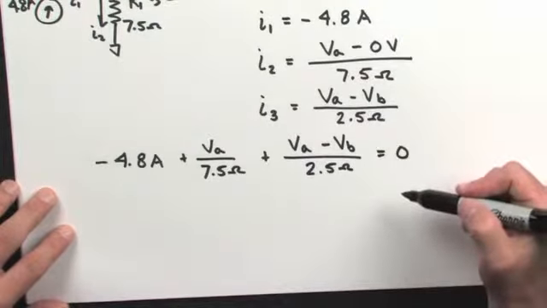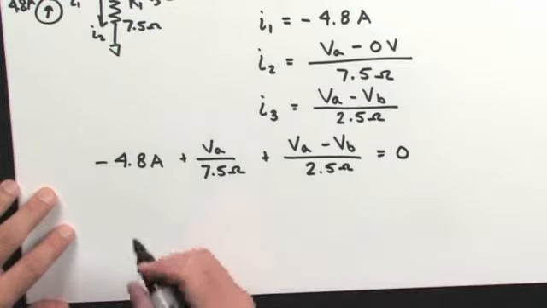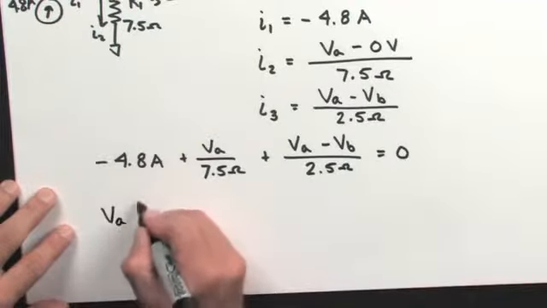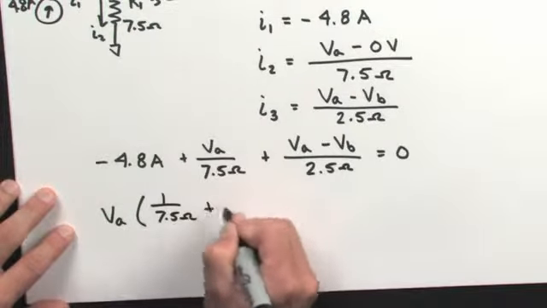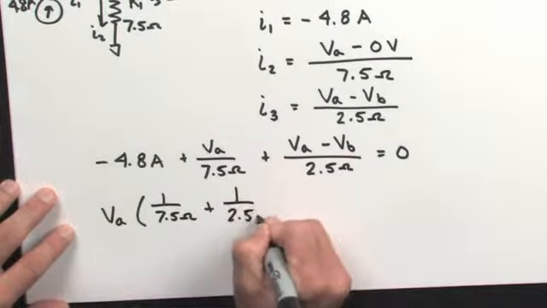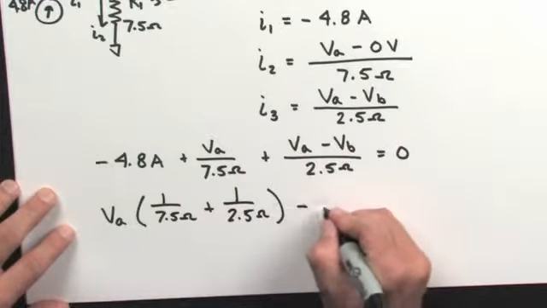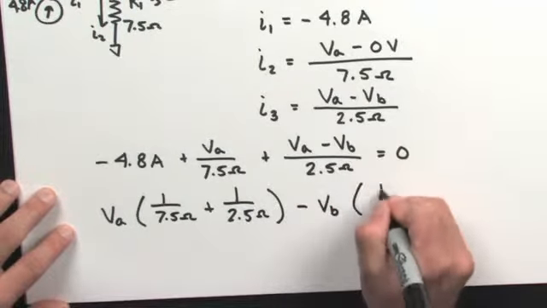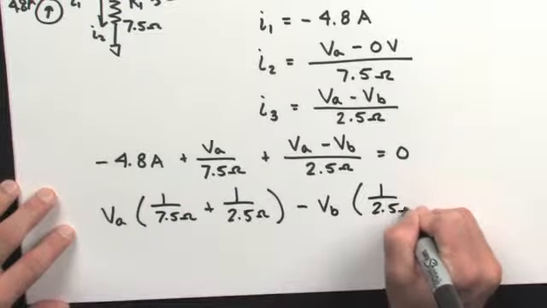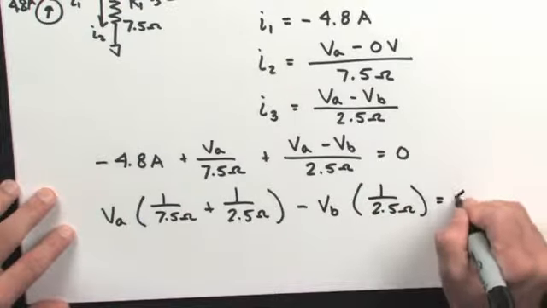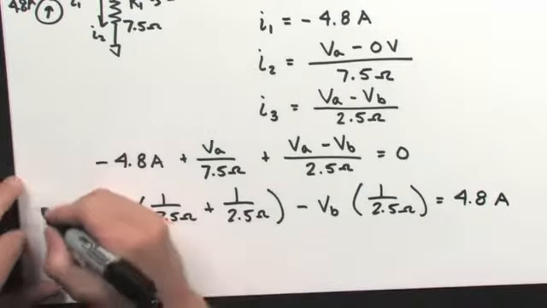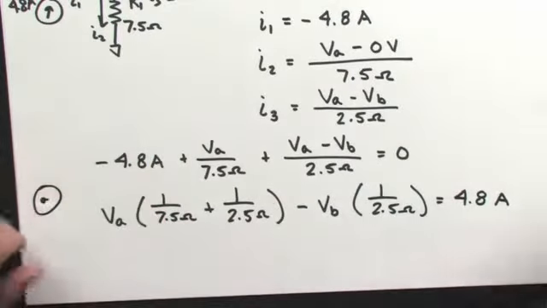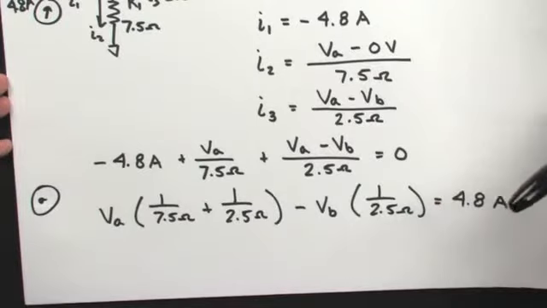And again, I'm going to algebraically rearrange this equation to read the voltage at node A multiplied by 1 over 7.5 ohms plus 1 over 2.5, minus VB times 1 over 2.5 is going to be equal to 4.8 amps. So this becomes my node A equation and one of the node voltage equations that I'm going to need.